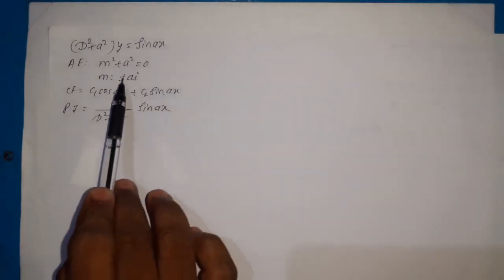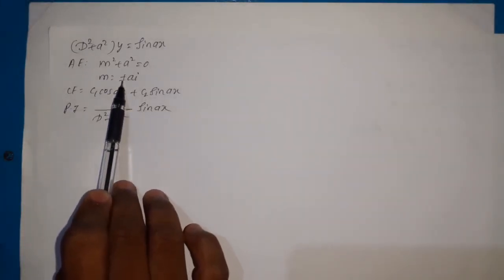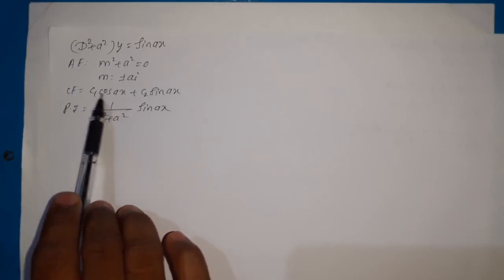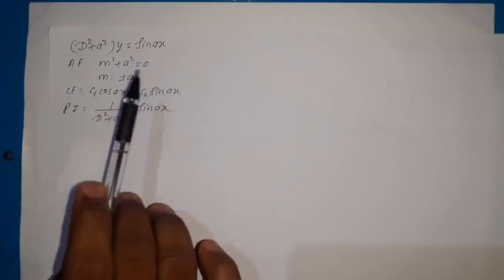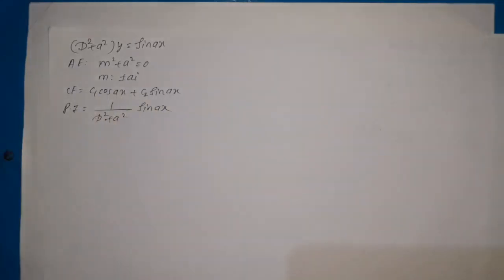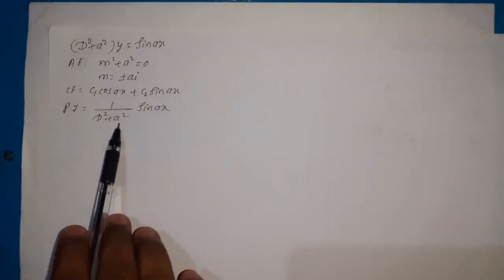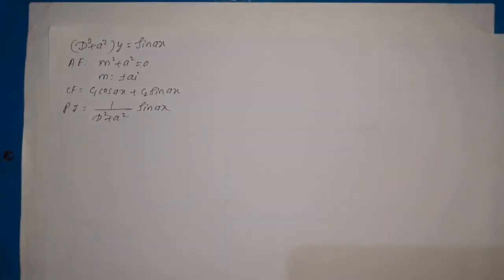Since the roots are complex, here the value of alpha is 0, so that e power alpha x becomes 1, and the particular integral is 1 divided by D square plus a square into sin ax.